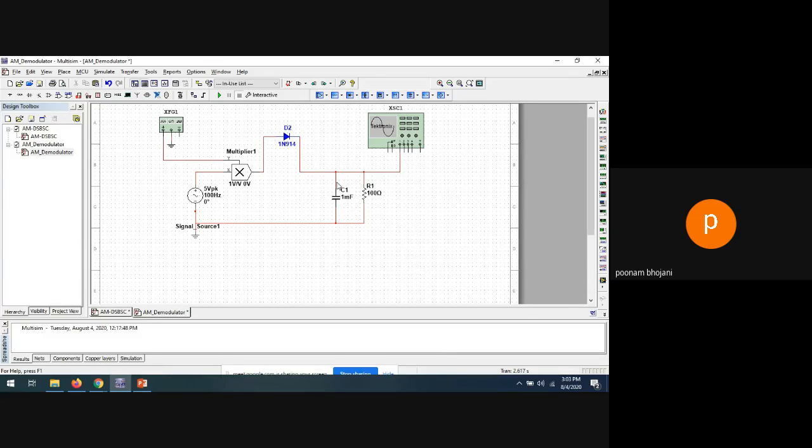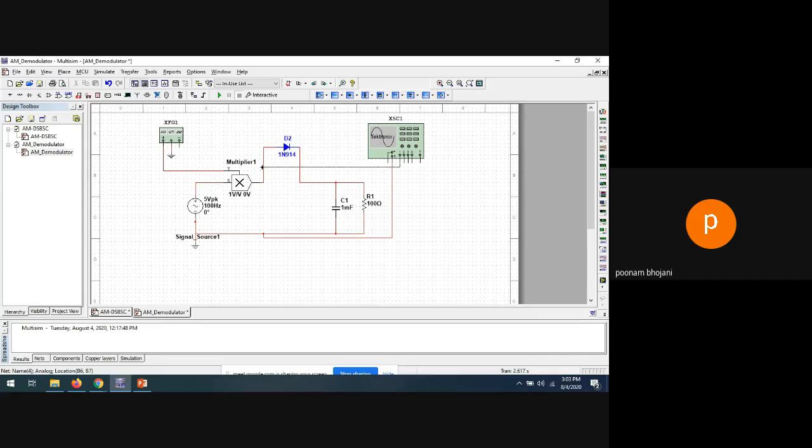So you will pass this signal through the diode. Then the capacitor will be charged in the positive cycle and discharged in the negative cycle, and you will receive the output across the R1. Ground is already connected, no need to connect it again, or you can connect it with the ground also. Across this R1 you will get the output. Now let me connect again.